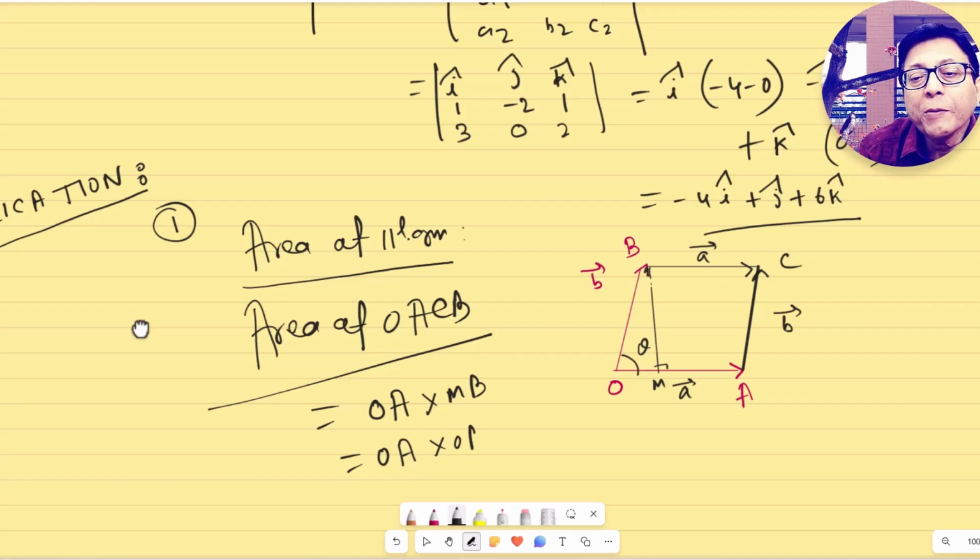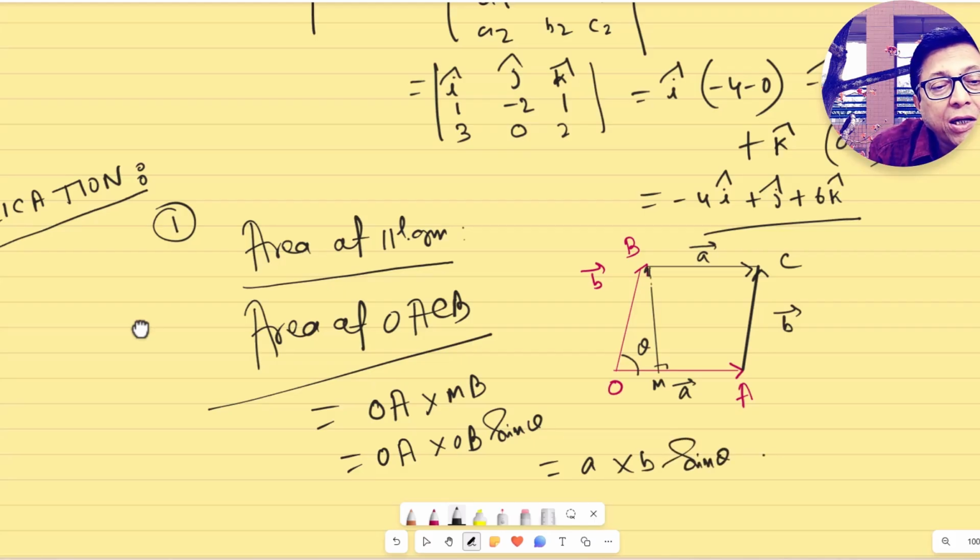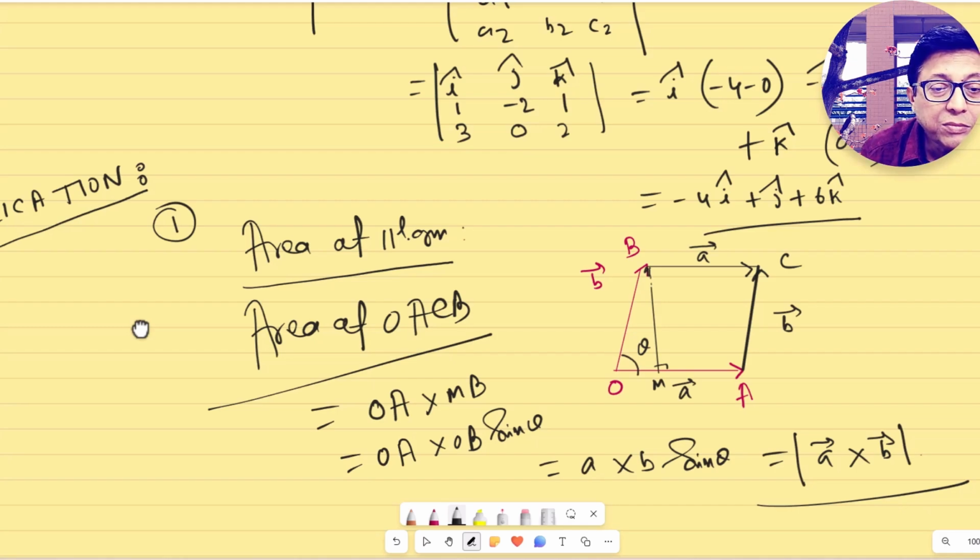You first drop a perpendicular, because for area we need a perpendicular. BM, from B we have drawn this perpendicular BM, and this angle be theta. So area of OACB, this parallelogram, will be half into, not half, wrong, base into height, that is OA into MB. Okay, so MB is what?